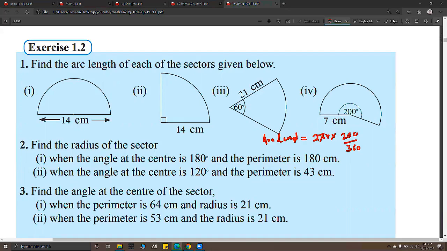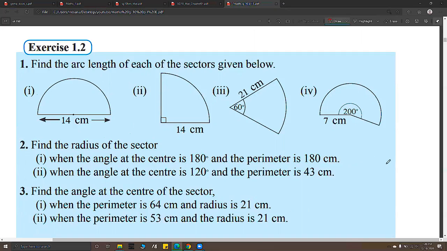So this is a new type of question. It says find the radius of the sector. Now they are not giving the radius, right? You have to find the radius. The first thing is the angle at the center is 180, which means it's a semicircle.